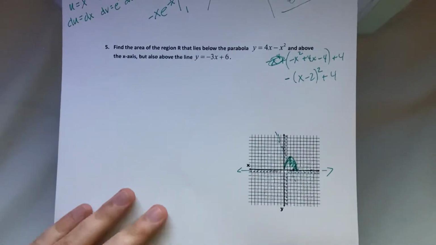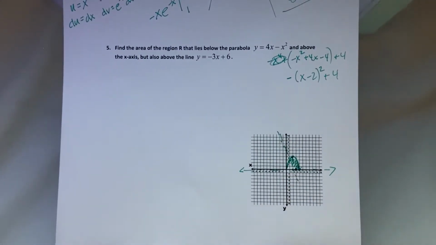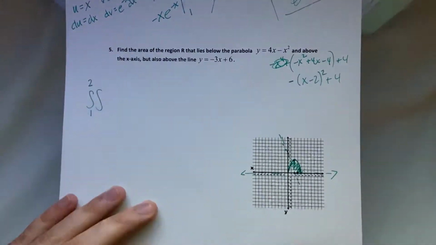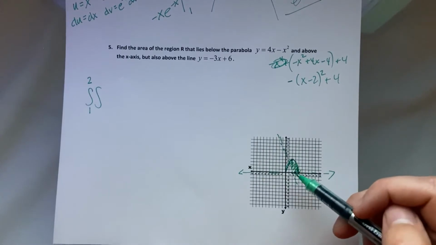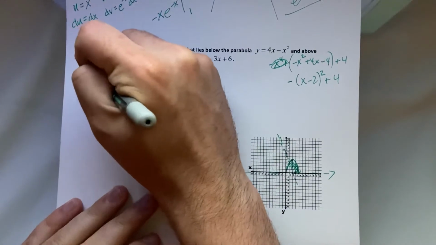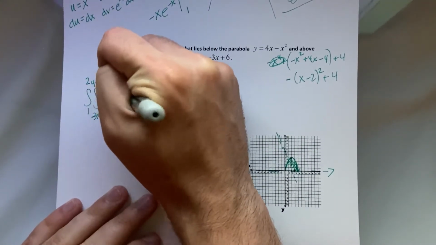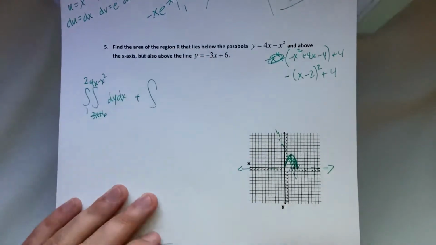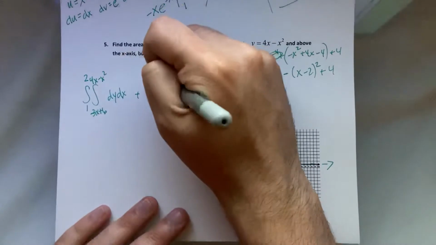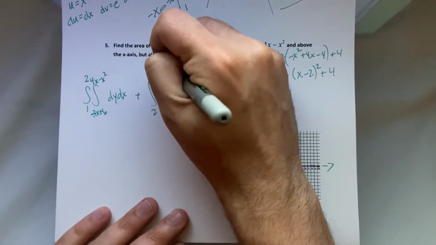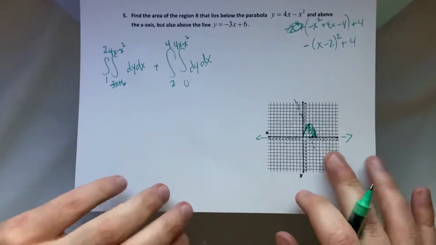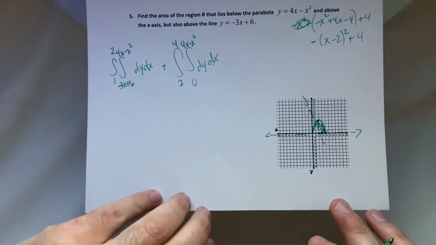We can still do that because from 1 to 2, the upper and lower bounds for y are 4x minus x squared and negative 3x plus 6, if we're doing y first. And then from 2 to 4, the inside integral is just from 0 to 4x minus x squared, still dy dx. So we integrate both of these, and then we'll add them together.